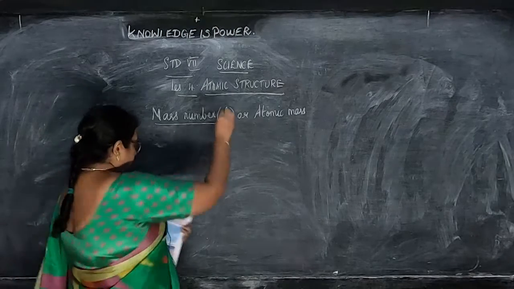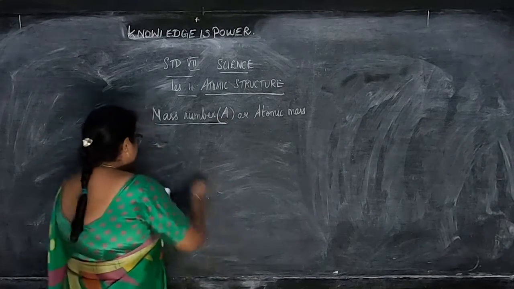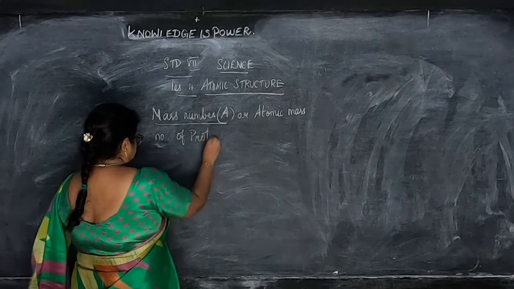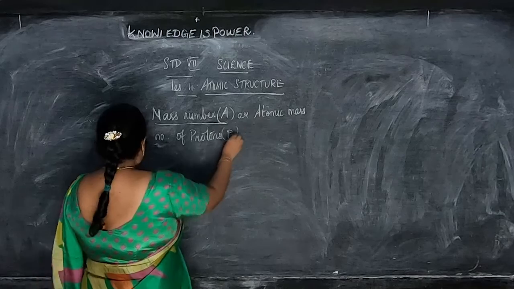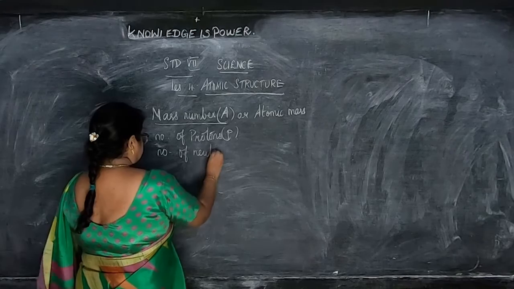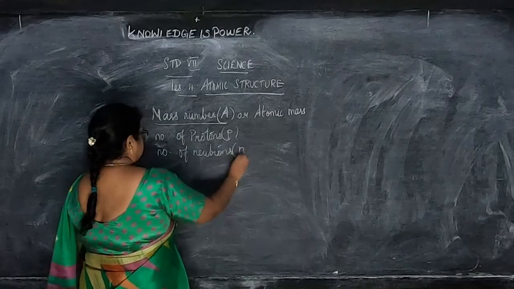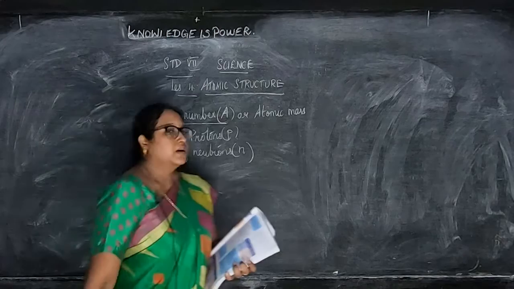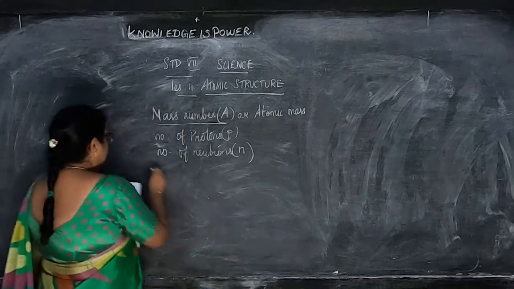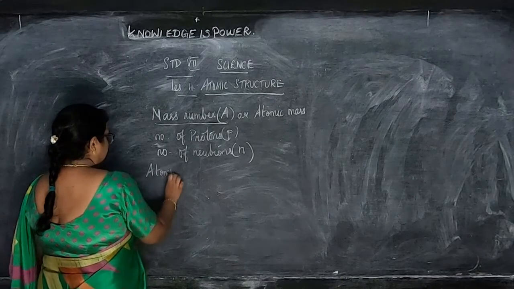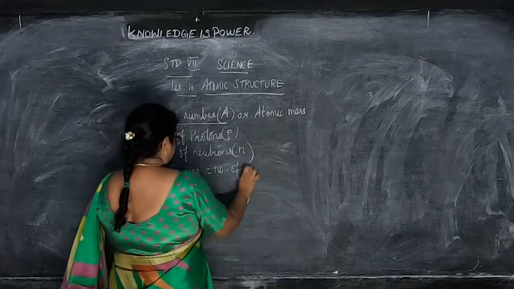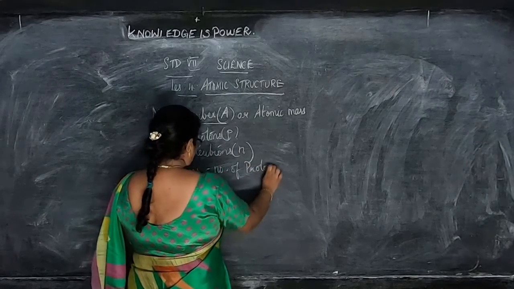So mass number A is equal to the number of protons, P, plus the number of neutrons, N, in the nucleus. That is, atomic mass is equal to number of protons plus number of neutrons.